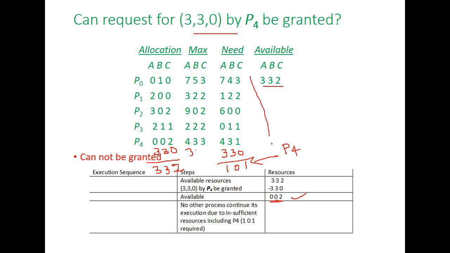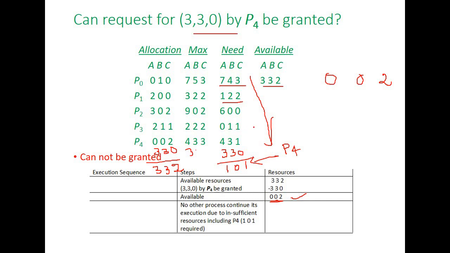Now when we see the execution sequence from P0 to P4, 743 are the required resources for P0, but available is 002. With 002, 743 cannot be satisfied. P1 requires 122. 122 is greater than 002. So P1 also cannot start its execution. P2 requires 600, so insufficient resources.